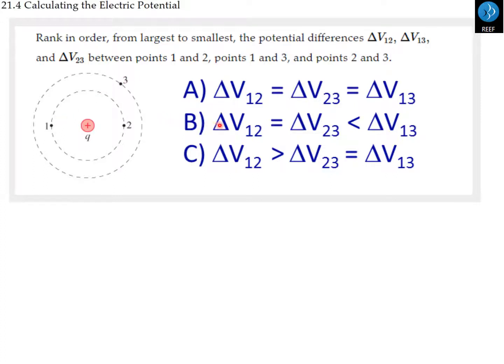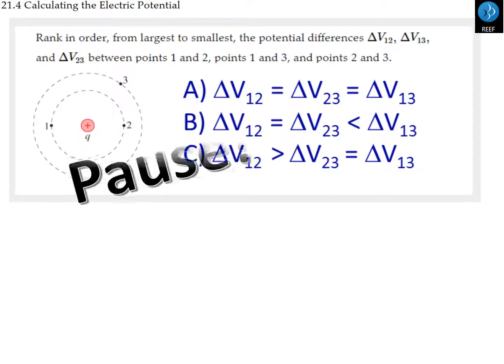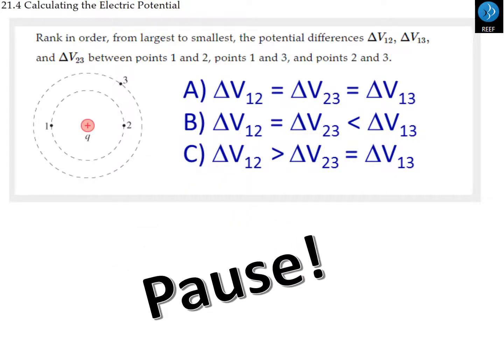The second answer says the difference between 1 and 2 is the same as the difference between 2 and 3, but is less than the difference between 1 and 3. And lastly, the difference between 1 and 2 is larger than the difference between 1 and 3. So pause, think, and answer.